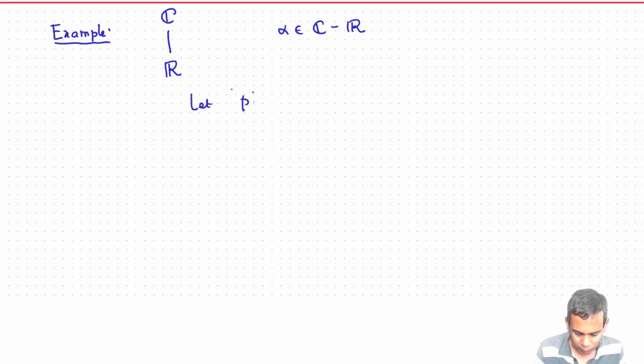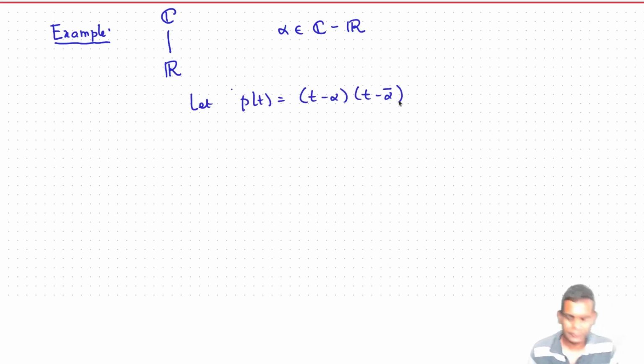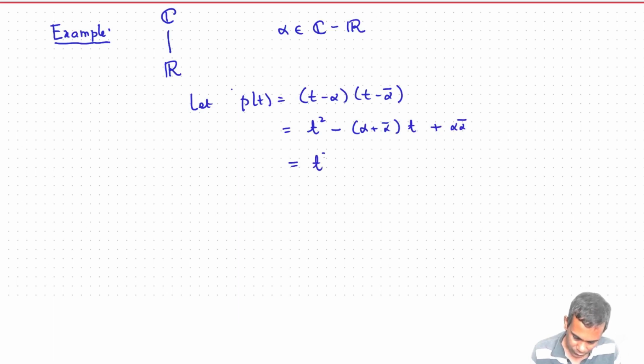Let P(t) be the polynomial (t minus alpha) times (t minus alpha bar). Okay, now this polynomial is t squared minus (alpha plus alpha bar) t plus alpha alpha bar, which I can also write as t squared minus 2 times the real part of alpha times t plus the absolute value of alpha squared.